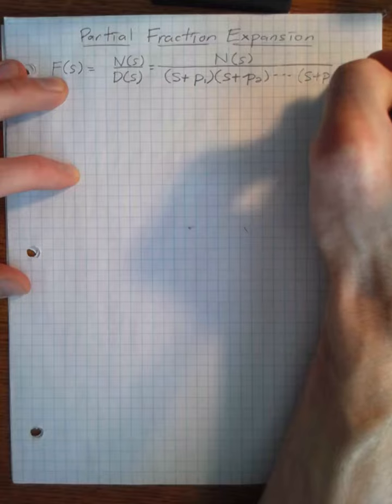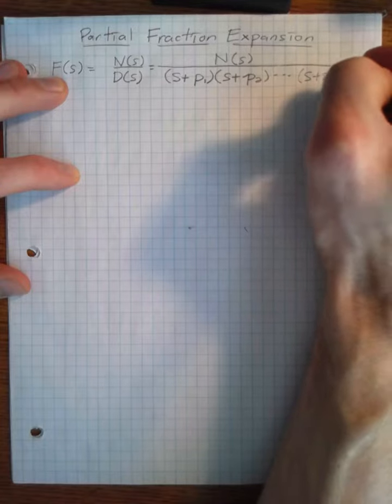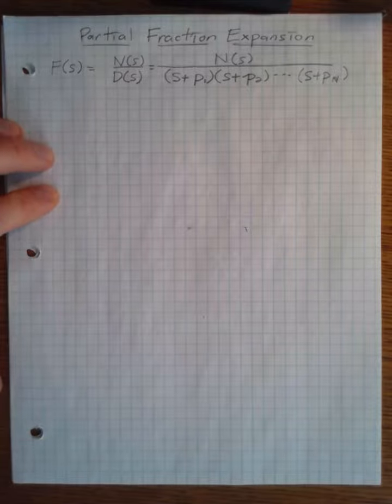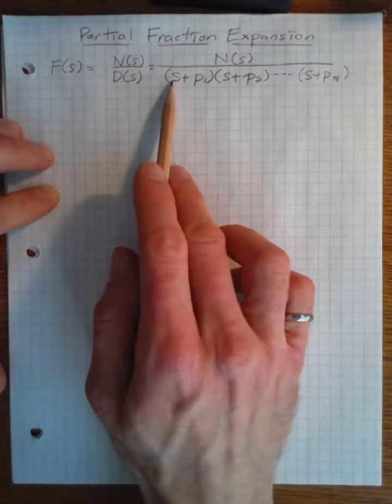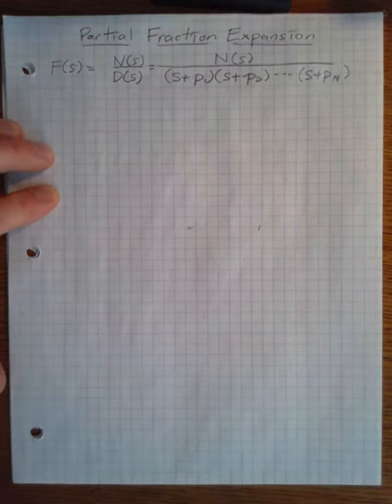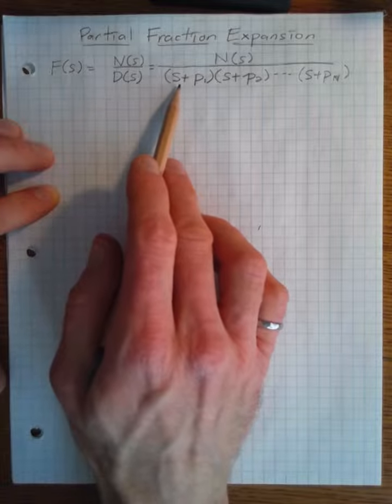This form of an equation is going to come up a lot when we solve our circuit problems. There is no term in the Laplace transform table that includes a bunch of products of these s plus p terms in the denominator.